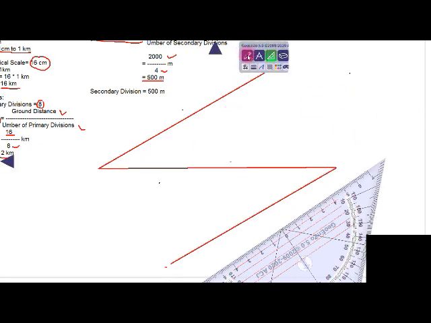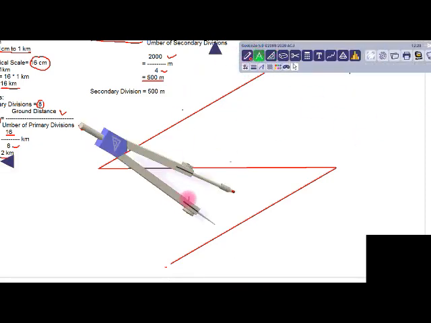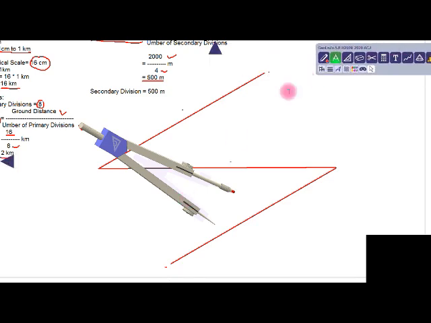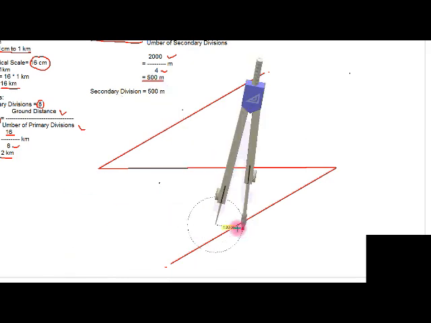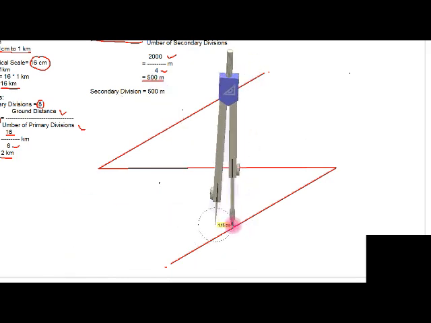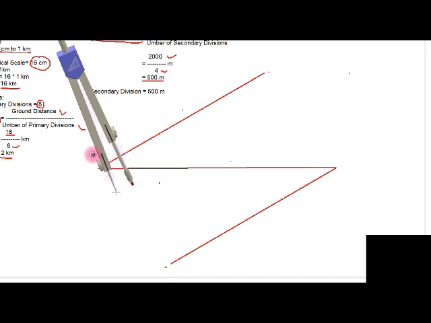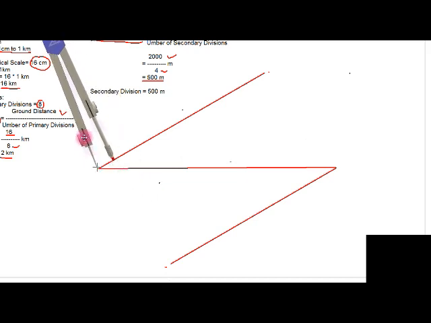Once you have the diagonal line at both sides, we have to take the compass. In the compass, take a comfortable distance, not too much and not too little, and go to the one end of the diagonal line, which is at the end of the graphical scale.